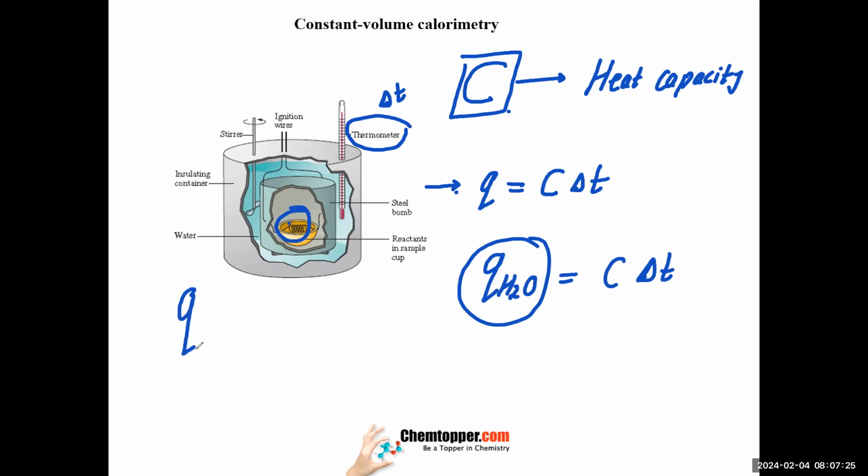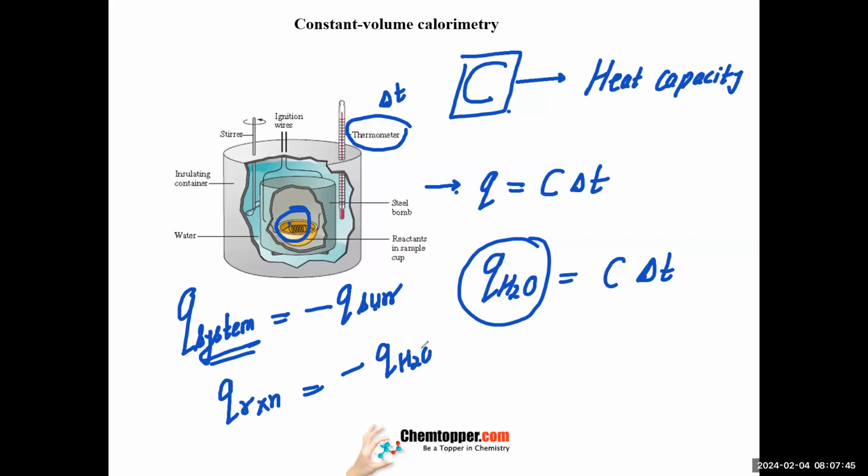And we know that according to the first law of thermodynamics, Q system is minus Q surroundings, right? But the system here is the reaction, and the surroundings here is water. I want to calculate delta H of the reaction. What's the difference between Q reaction and delta H reaction?